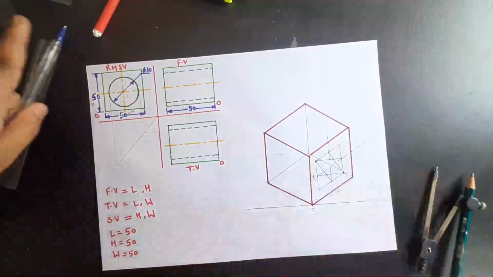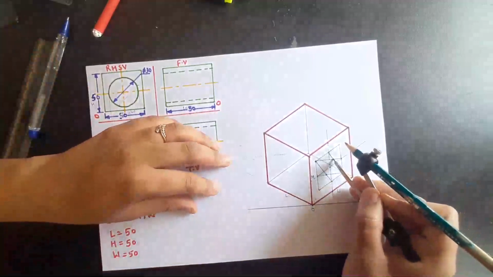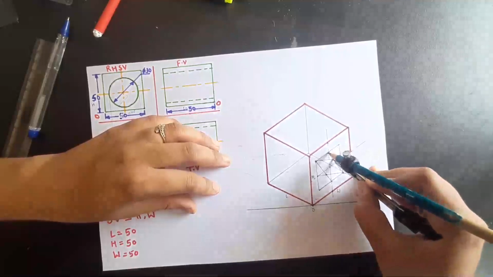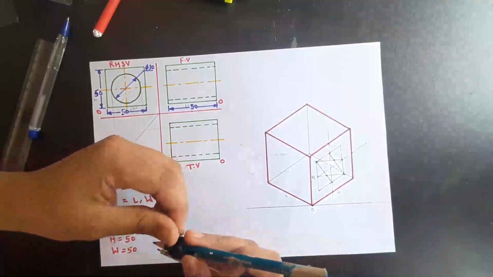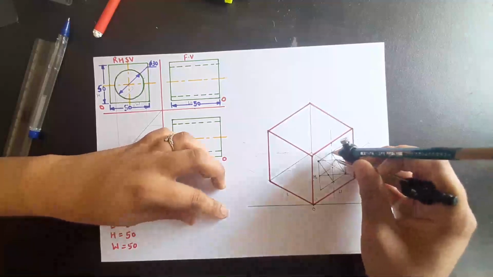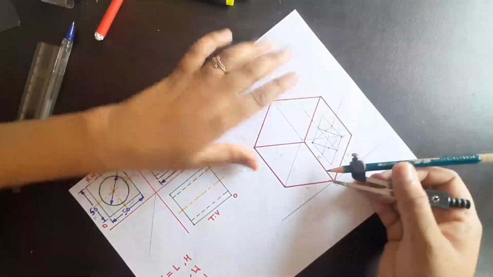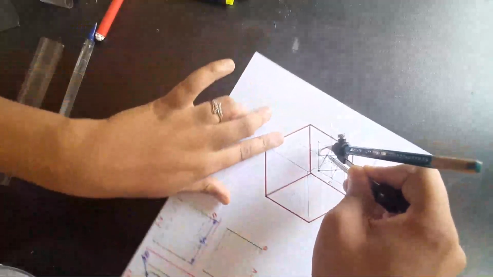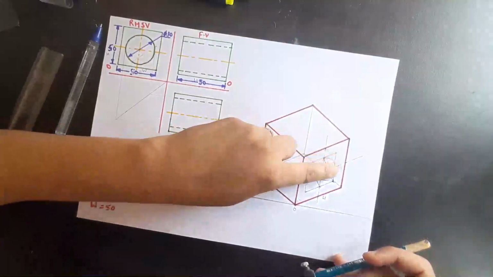Now, taking one of the points as a center, let's say I am starting with this corner point, with this point as a center, take the distance up to the nearest midpoint, the shortest midpoint, and draw an arc.